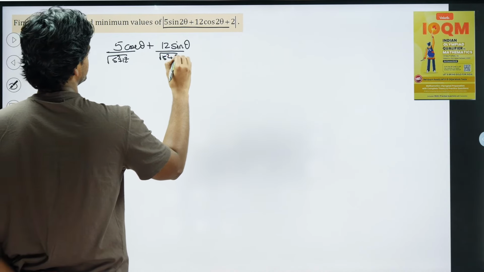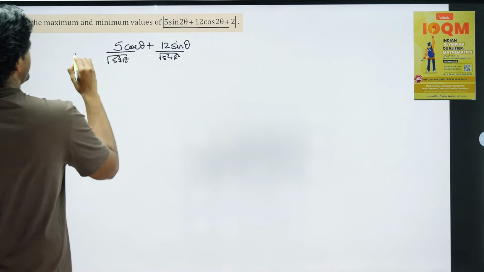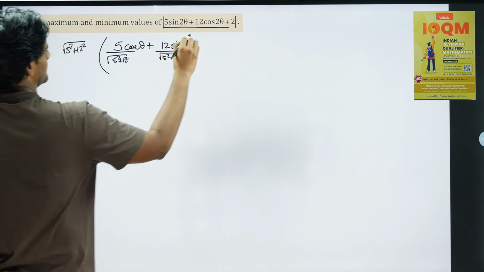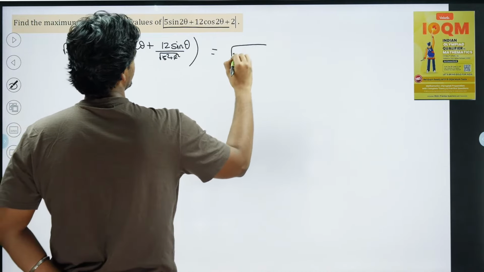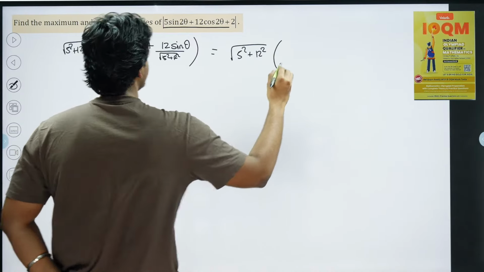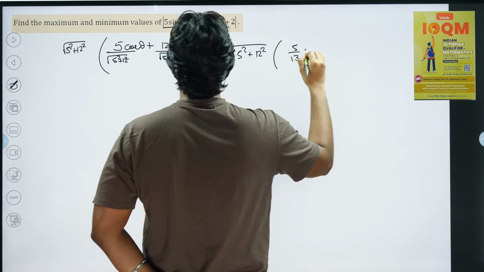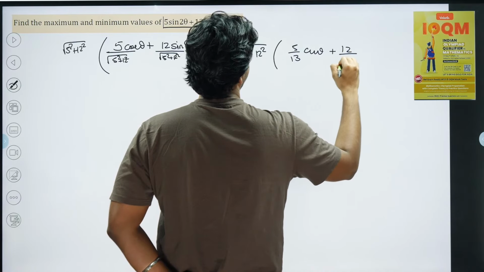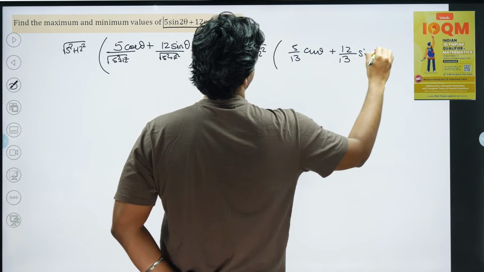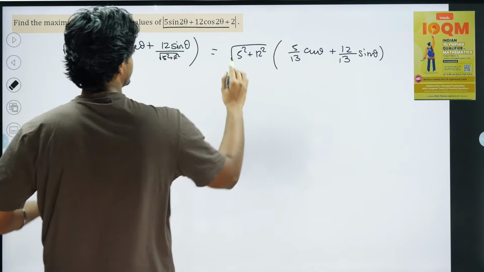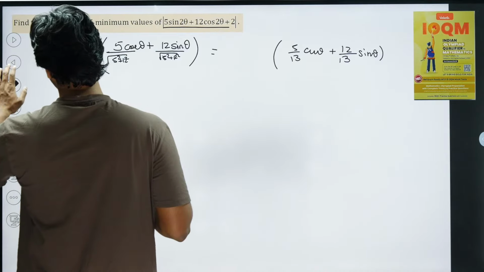So this is always square root of 5 square plus 12 square into 5 by 13 cos theta plus 12 by 13 sin theta. This is 13, right, by the way? This is 13, so I can just replace it with 13.